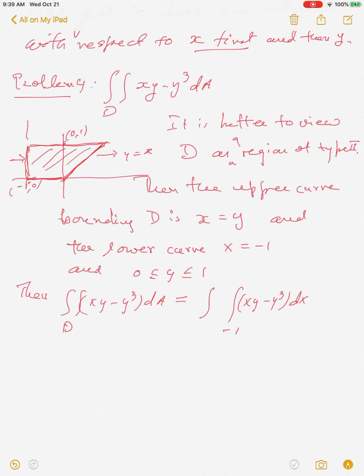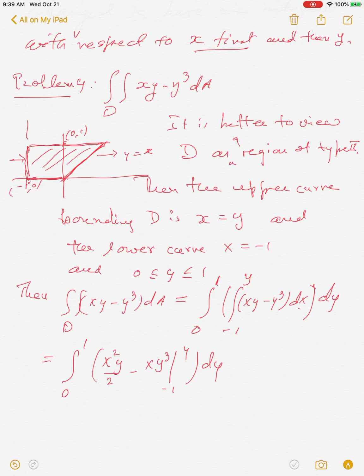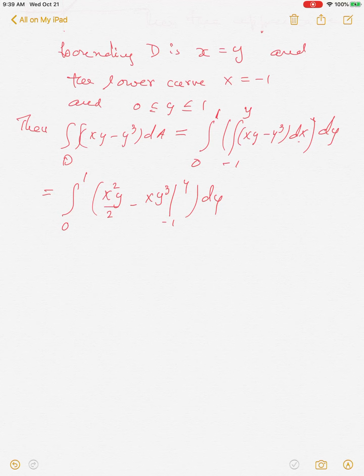My x will vary between the lower curve, minus 1, and the upper curve, y, and then y will run between 0 and 1. So this is going to be the integral from 0 to 1. I integrate with respect to x, so I get x squared y by 2 minus x y cubed between minus 1 and y, and then I integrate with respect to y.